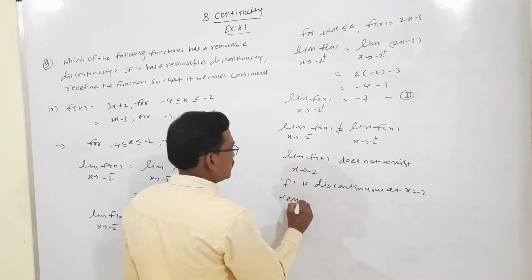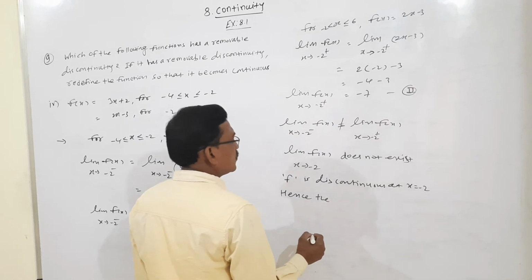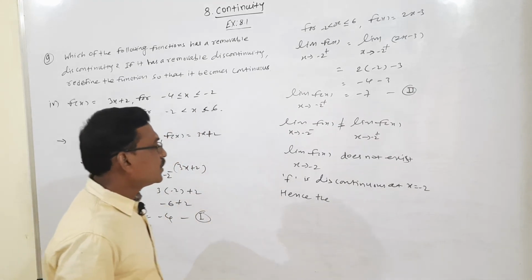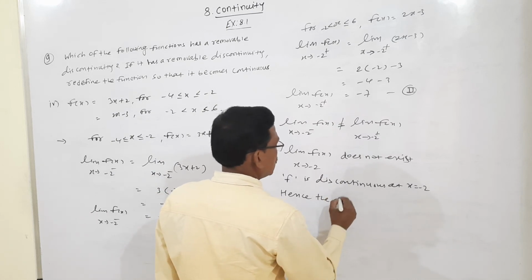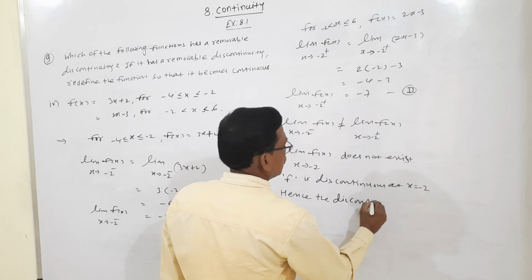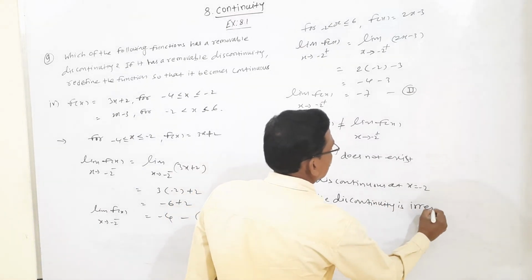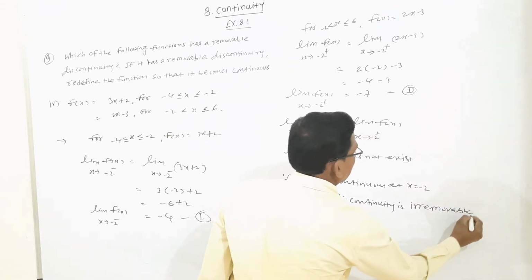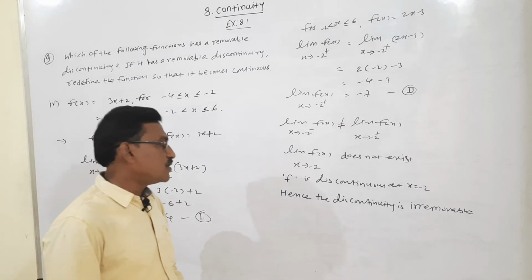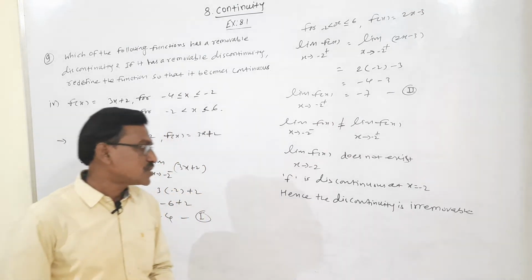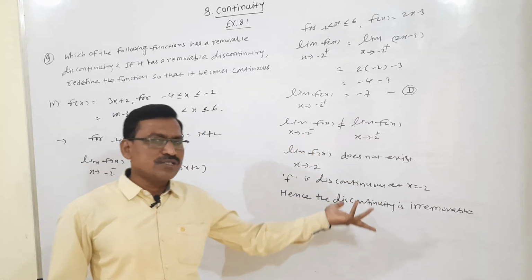Hence the discontinuity is irremovable. We can't remove this discontinuity to make the function continuous, because it is an irremovable discontinuity, because the limit does not exist here.